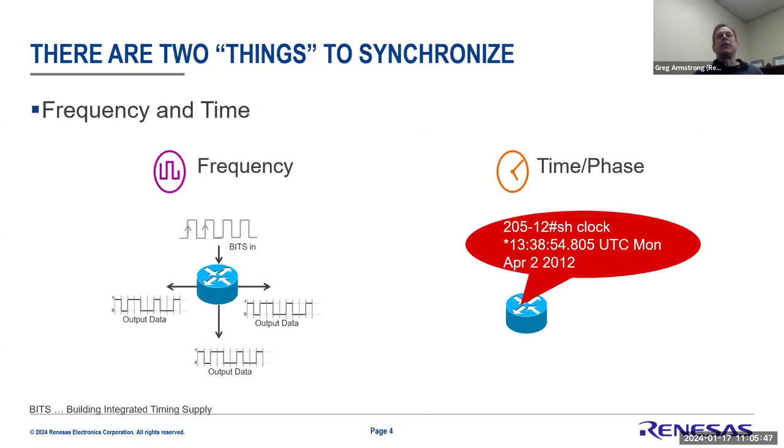So for synchronization, from a standpoint of clocking, there are two things that we try to synchronize. One is frequency. This would be looking at the repeated edge of a clock, and we're trying to repeat a signal either at the same frequency or maybe a multiple of that frequency, but we want it to occur at relatively the same time.